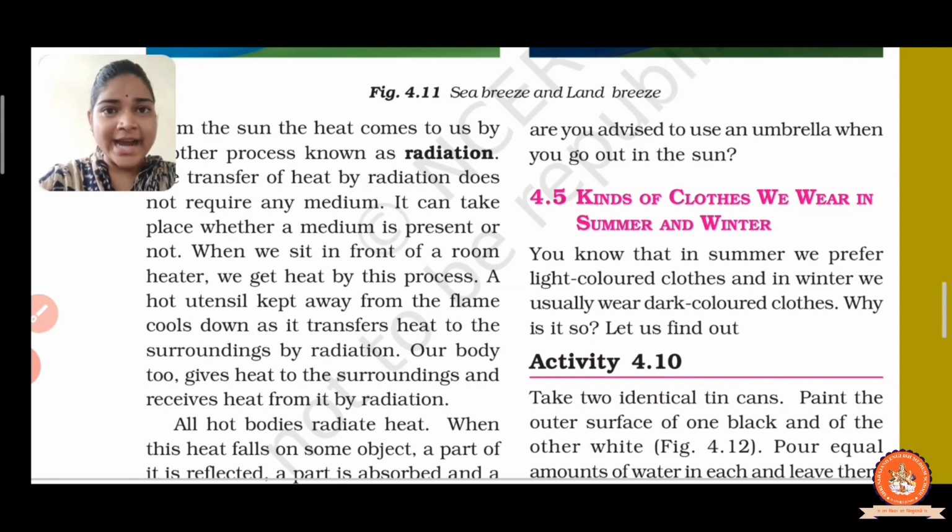Because a dark color object absorbs more heat as compared to a light color object. That's why we feel comfortable in light color clothes, and we wear light colors in summer and dark colors in winter.